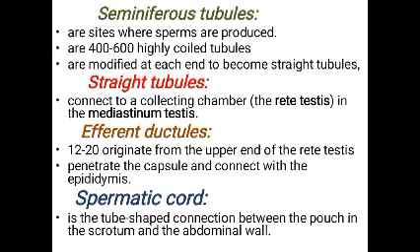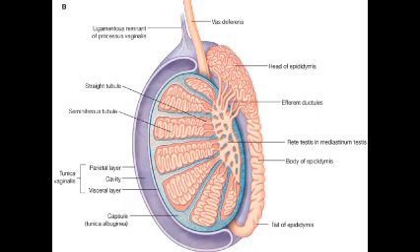Efferent ductules, 12 to 20, originate from the upper end of the rete testis, penetrate the capsule and connect with the epididymis. A spermatic cord is a tube-shaped connection between the scrotum and the abdominal wall. The diagram looks like this.